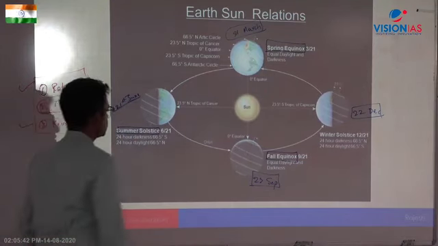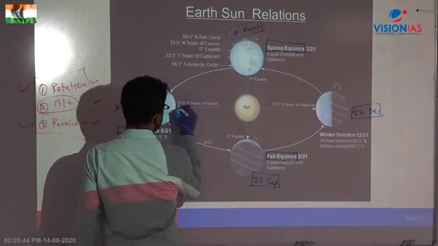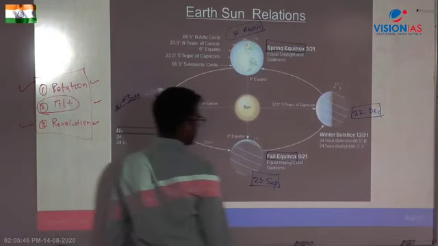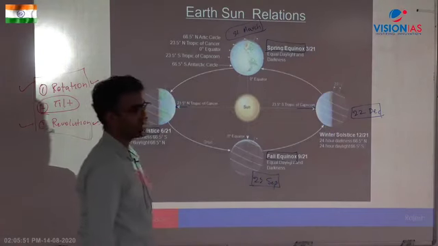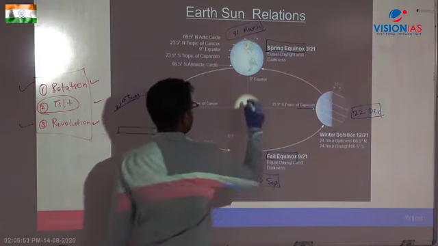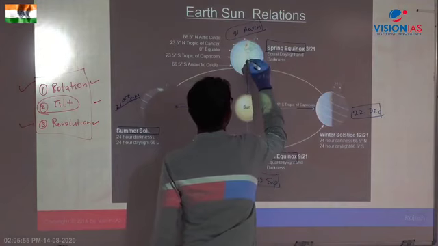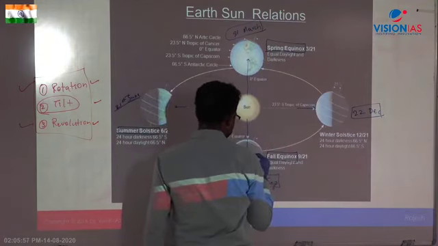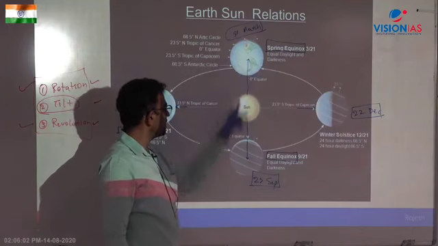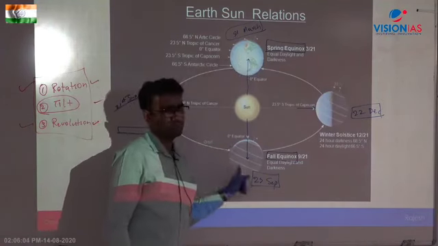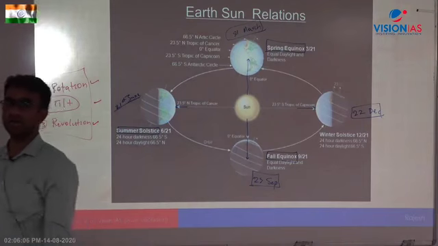In summer solstice, the sun rays are falling vertically at Tropic of Cancer. In winter solstice, the sun rays are falling vertically at Tropic of Capricorn. In spring equinox and autumnal equinox, the sun rays are falling vertically along the equator.